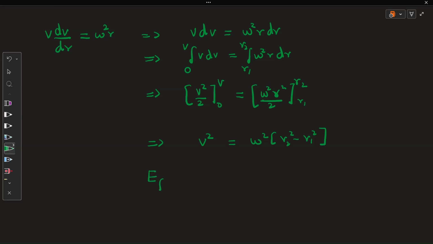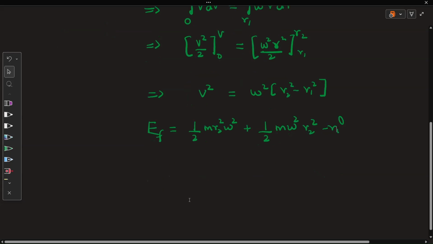So what is the final energy? The final energy is half m r2 square omega square plus half m omega square into r2 square minus r1 square.